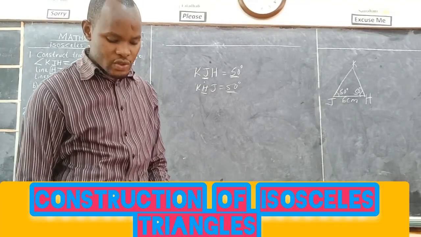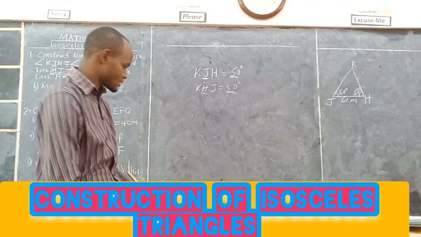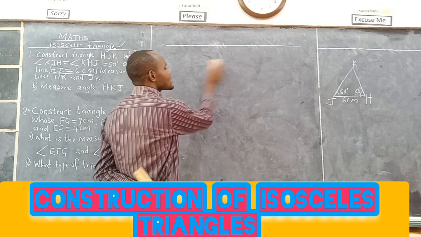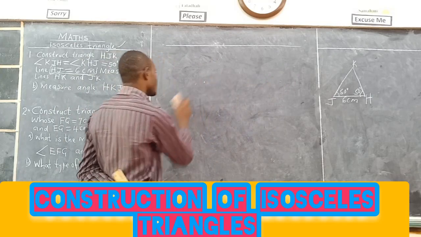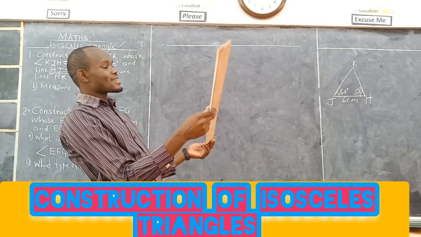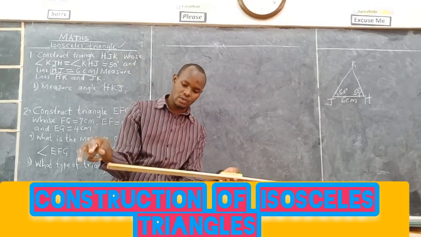So you start by drawing the bottom line, which is 6 centimeters. Since you have sketched, you don't need to go back to your question, unless you are stuck or unless you never put all the information on the sketch. That sketch will help you to draw very fast because it means you have understood the question.